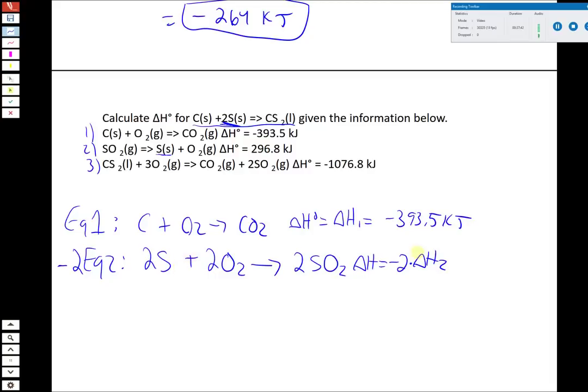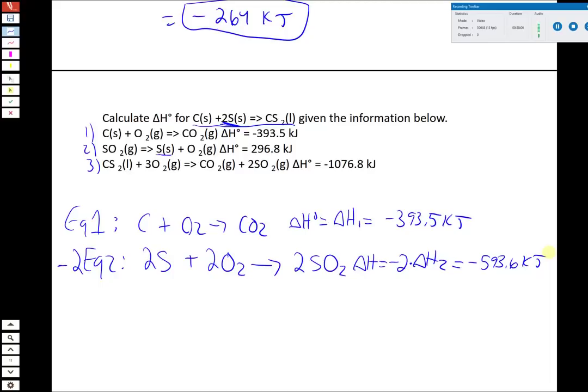Flipping it makes the sign opposite, and doubling it also doubles the delta H, so that's 296.8 times minus 2, which is minus 593.6 kilojoules. Alright, so that's the modified delta H for that one.